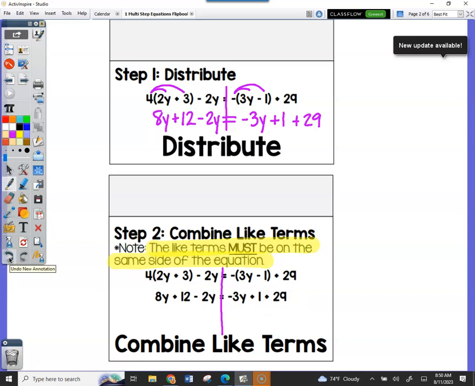Okay, so over here, let's read it. We have 8y plus 12 minus 2y. Which ones are like terms? 8y and 2y. Thank you. So 8y minus 2y gives me 6y. And then I'm just going to bring down the plus 12.